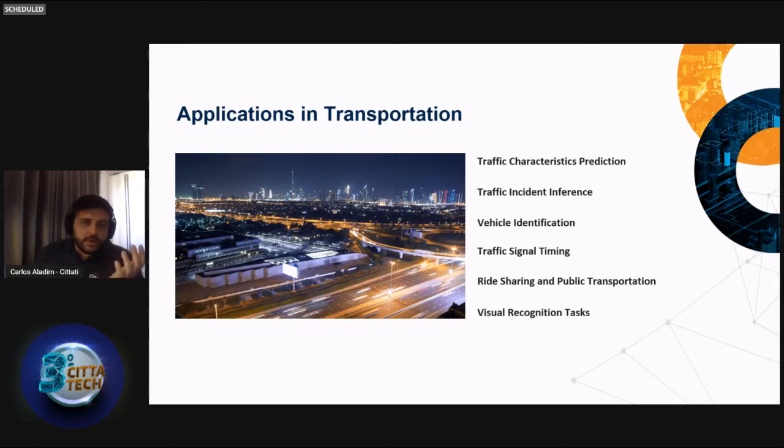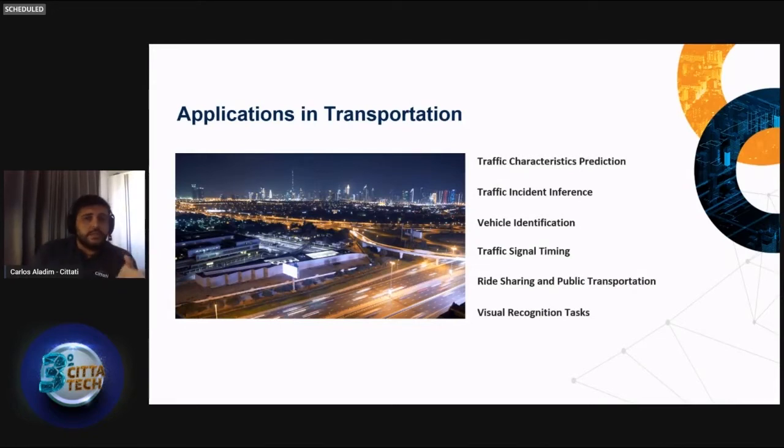We have one that is very common nowadays, vehicle identification. The applications vary from calculating travel time along the road, to seeing how a vehicle is behaving, and then detecting it by reading the vehicle plate.